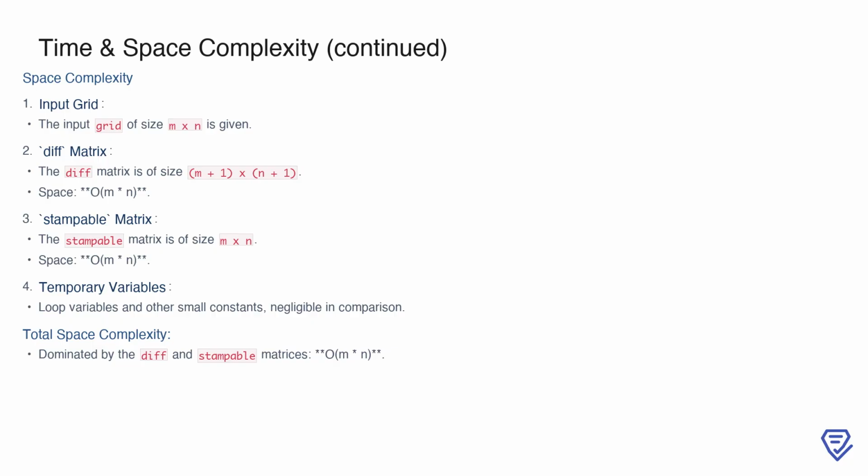This matrix has the same dimensions as the grid, m x n, and thus also contributes O(m * n) to the space complexity. Finally, we use a few temporary variables, such as loop counters and other small constants, but these are negligible in comparison to the matrices. When we sum these contributions, the total space complexity of the algorithm is dominated by the diff and stampable matrices, resulting in O(m * n).